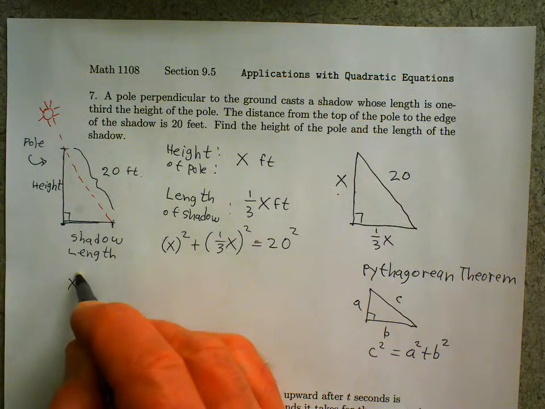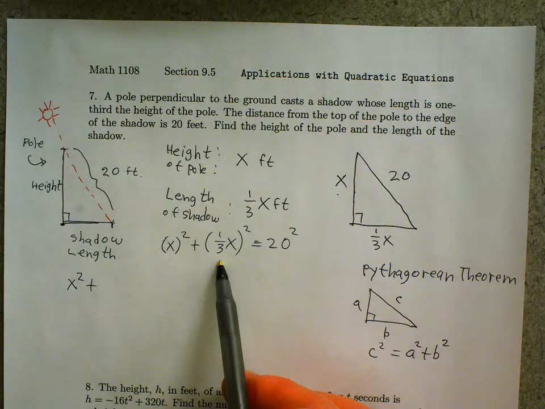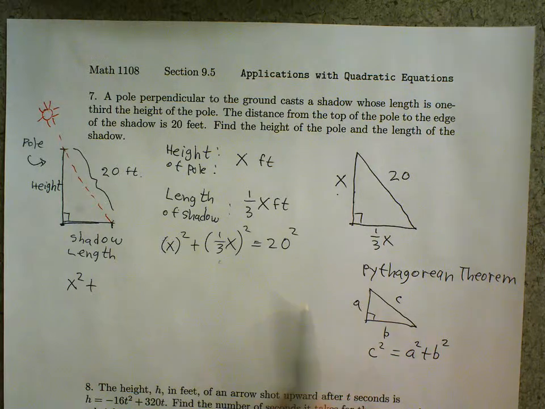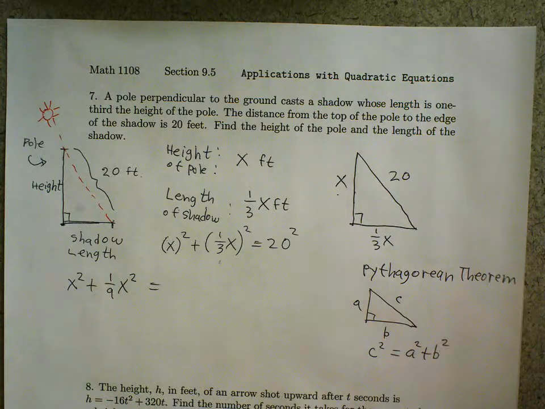Okay, then x squared, what do we get when we square 1/3 x? 1/9 x squared. Yeah, 1/9 x squared. And 20 squared is 400.